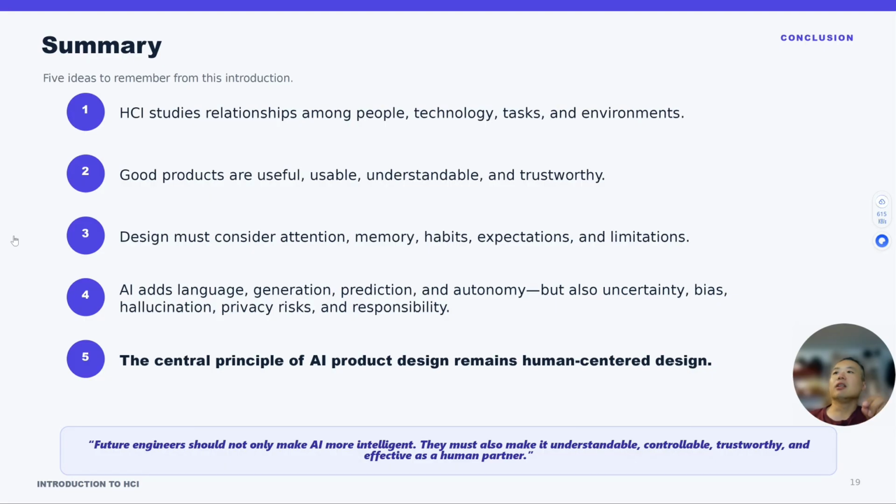Fifth, the central principle of AI product design remains human-centered design. Future engineers should not only make AI more intelligent, they must also make it understandable, controllable, trustworthy, and effective as a human partner, which means the AI should always collaborate with humans, not replace them.